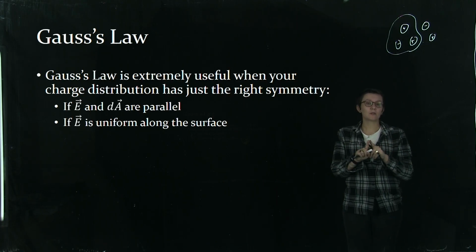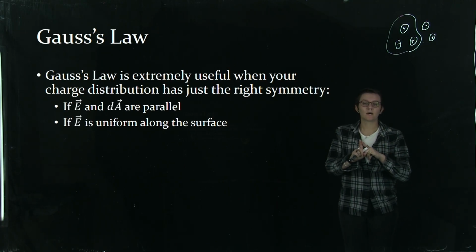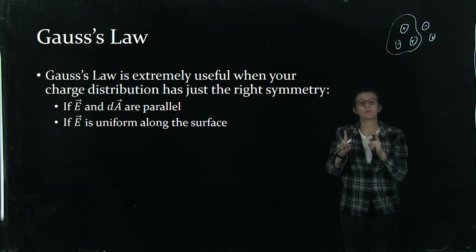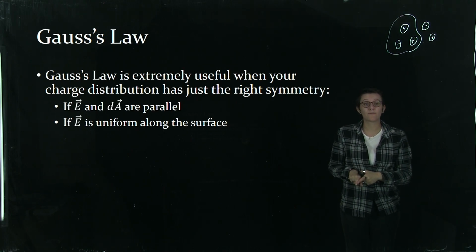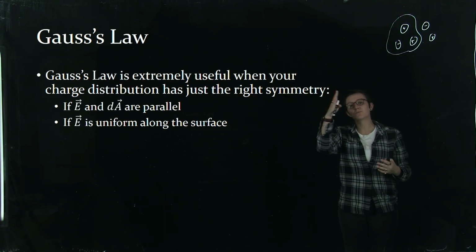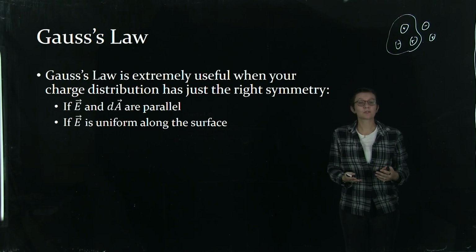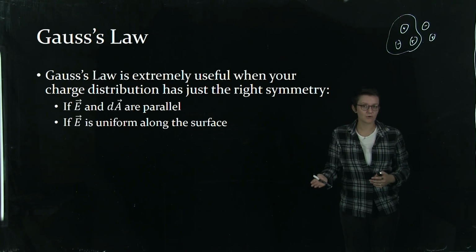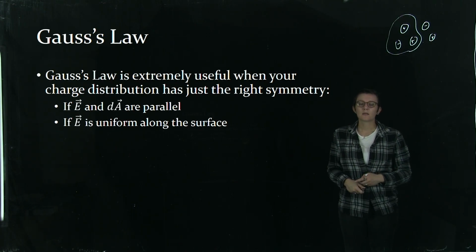That will give you the cosine of that 0 is 1. That'll give you your maximum possible flux through that little area element. And you want your electric field to be uniform along the surface. So as you move along your area, your electric field should stay the same magnitude over that area.